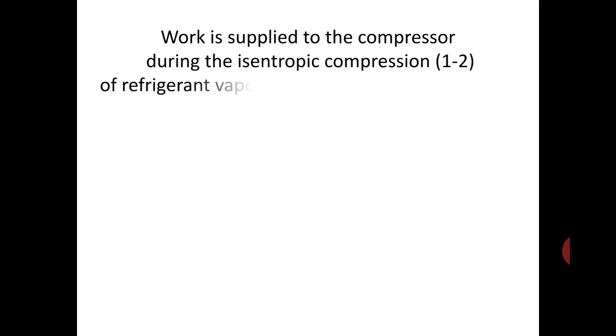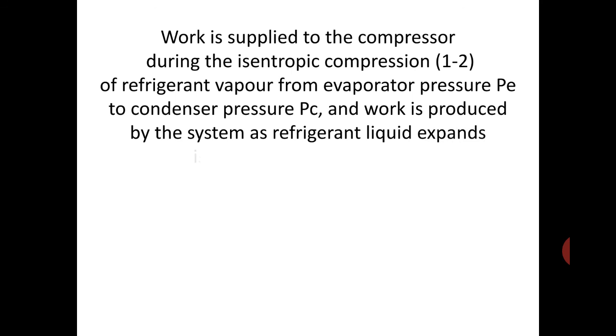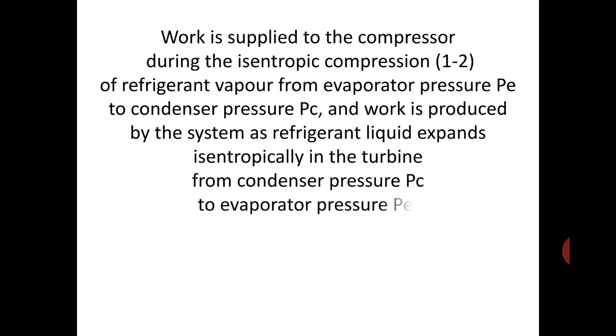Work is supplied to the compressor during the isentropic compression 1 2 of refrigerant vapor from evaporator pressure PE to condenser pressure PC, and work is produced by the system as refrigerant liquid expands isentropically in the turbine from condenser pressure PC to evaporator pressure PE.